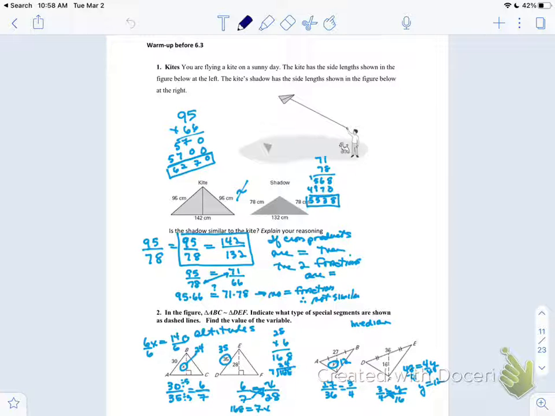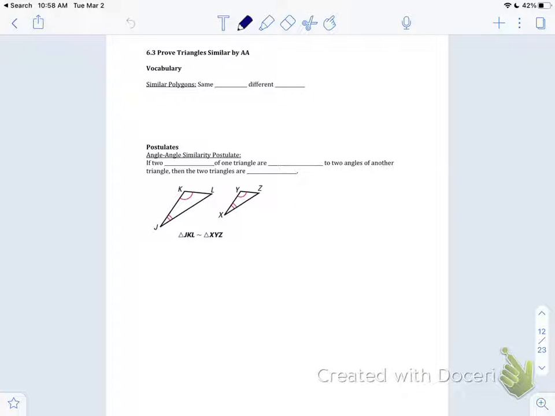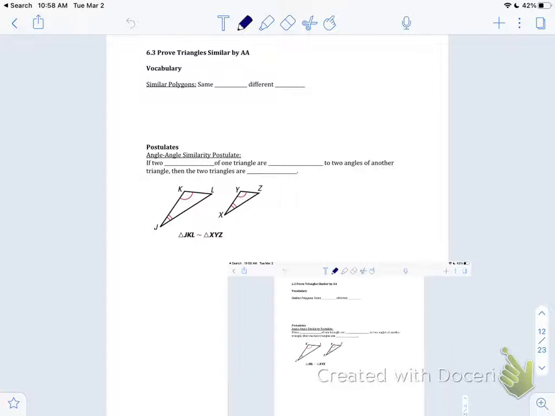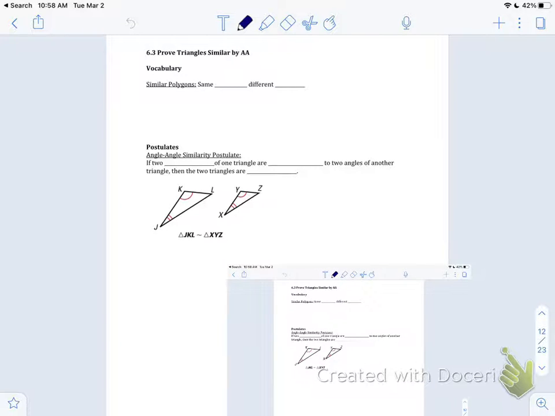Okay, that takes us to the next page of notes. Okay, so here's some vocab for 6-3. We're going to prove triangles are similar by angle. So similar polygons will have the same angles but different side lengths.